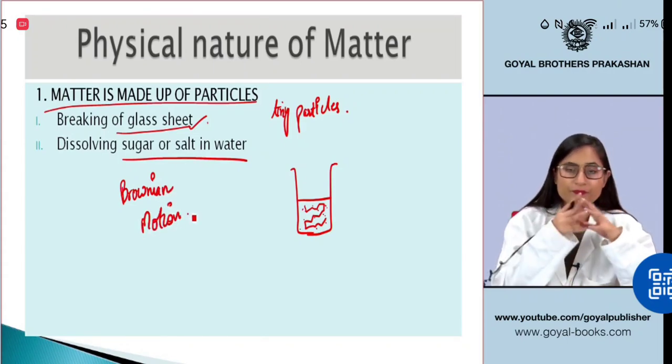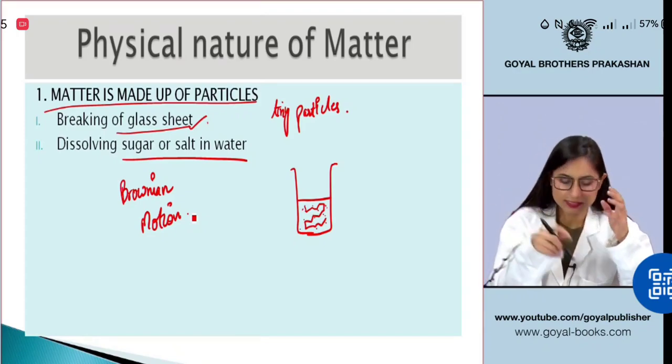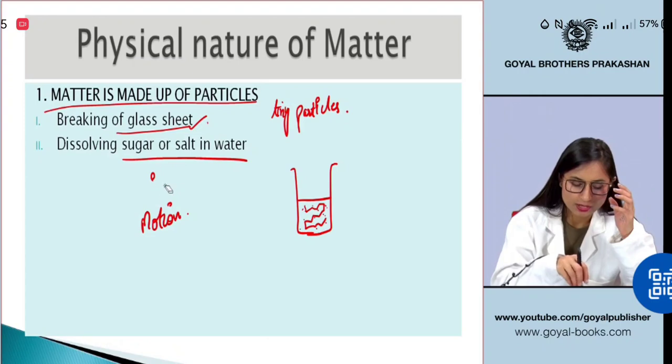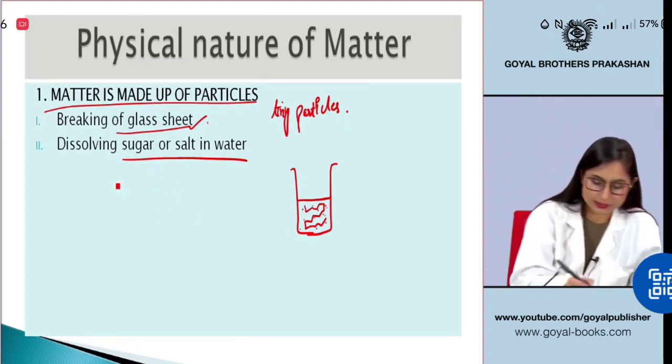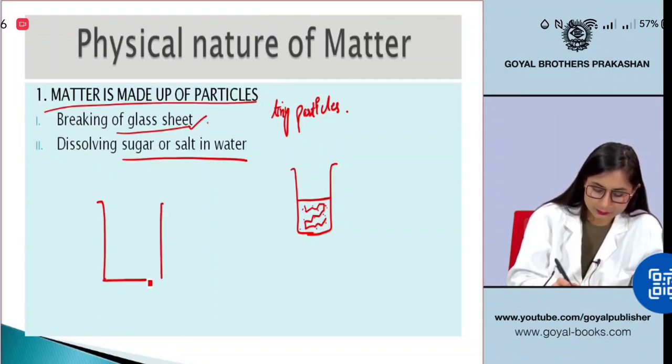So on dissolving, let us take a simple experiment. For example, you have to prepare a simple solution of copper sulfate. You have a beaker in which you put some copper sulfate crystals.